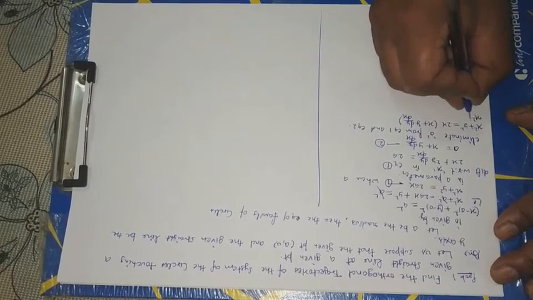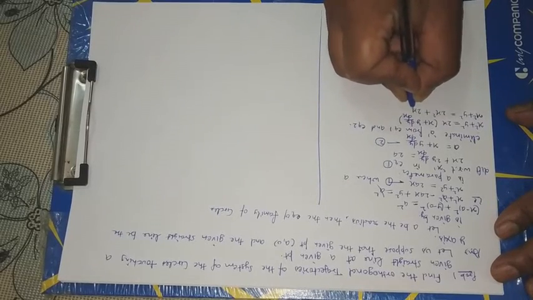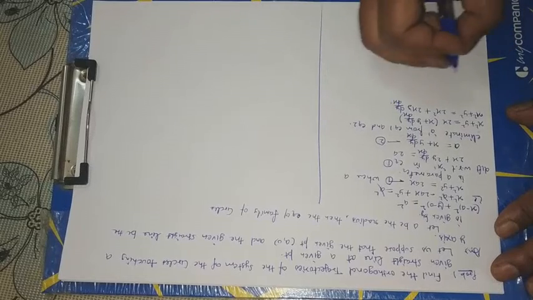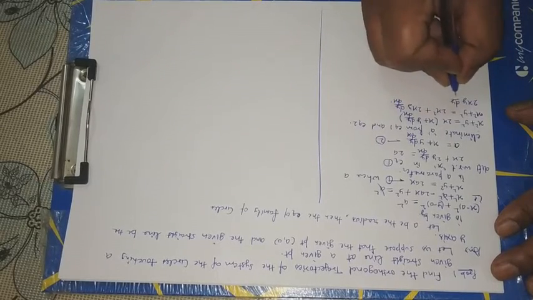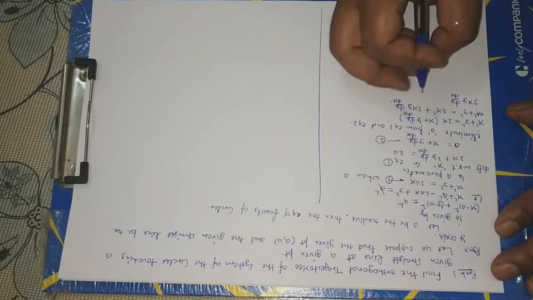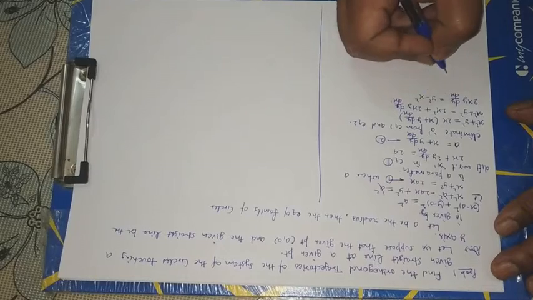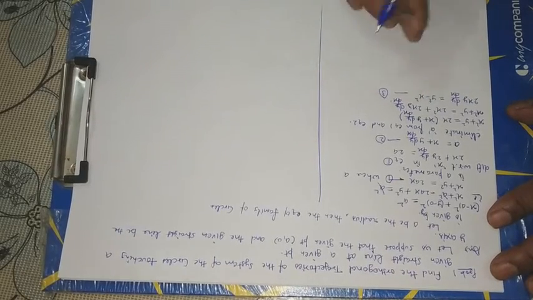Now x square plus y square equal to 2x square plus 2xy dy/dx, that is 2xy dy/dx equal to y square minus x square. This is represented by equation number 3.